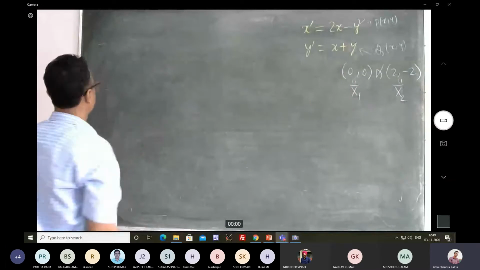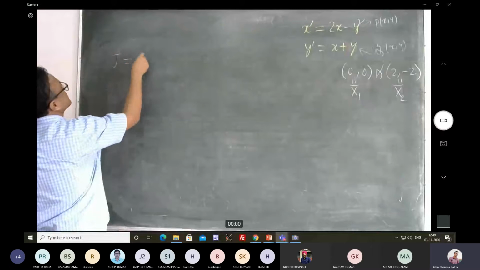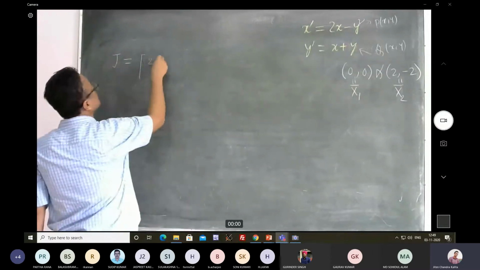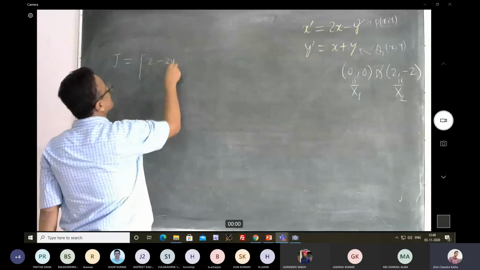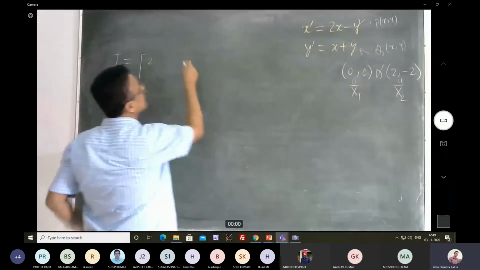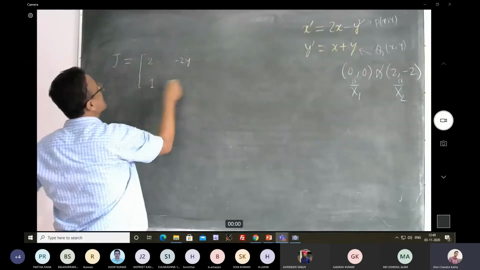Okay. So now let us try to find the Jacobian matrix J. So this is going to be, with the entries 2 minus 2y, and 1, 1.